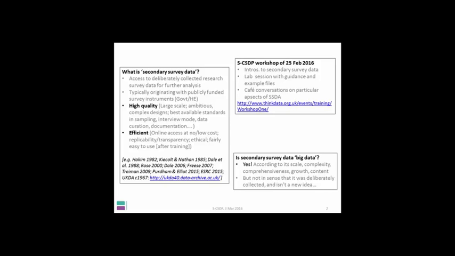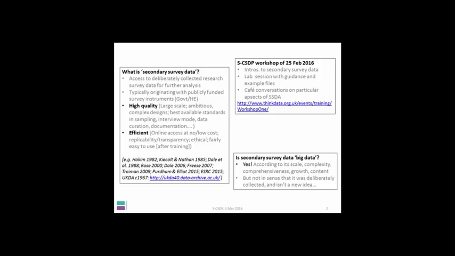I would certainly class secondary survey data as a version of big data in that sense, but it is a resource that's deliberately collected for research purposes, and for some people big data wouldn't have that characteristic. Big data would be a byproduct, something collected for some other reason, but that can then be used for research.